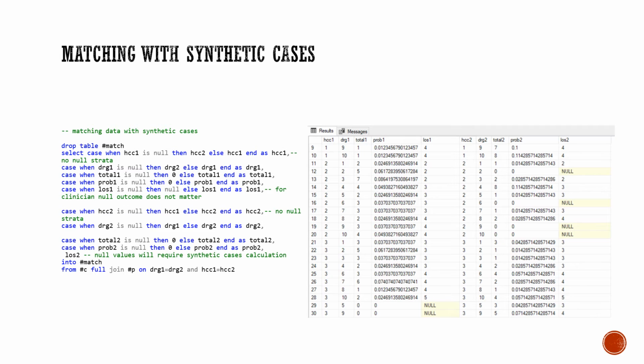The next step would be to use synthetic cases for our missing data. In order to do that, let's recode the matching table so we can use the missing patient type scoring from clinicians to peers and vice versa.